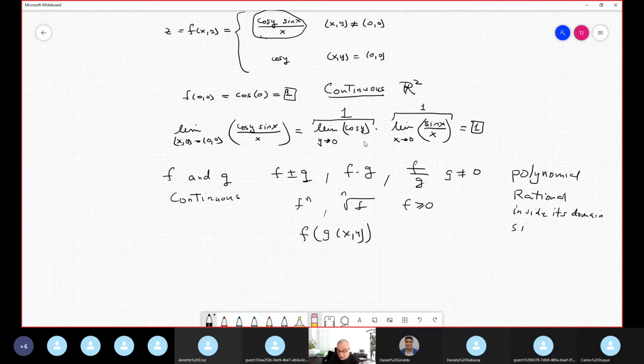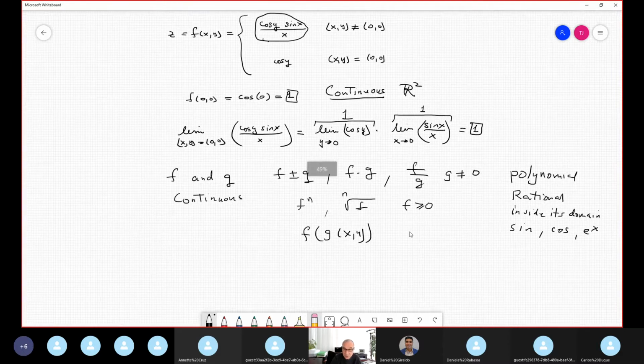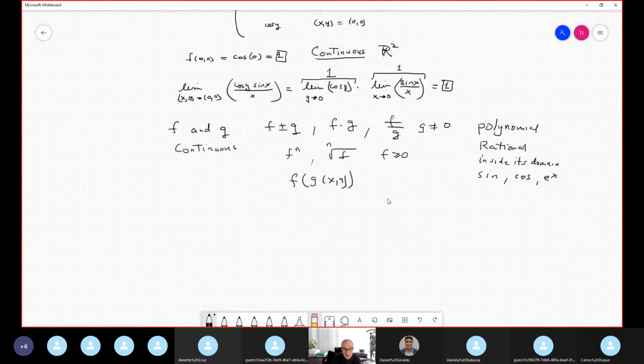Sine, cosine, trigonometry, but not tangent, not secant, sine, cosine, and exponential. It's the classical example, you know very well, of the continuous function, and the combination in multivariable, not only x like in Cal 1, x and y together, is continuous. So suppose a couple of examples to illustrate this big idea.